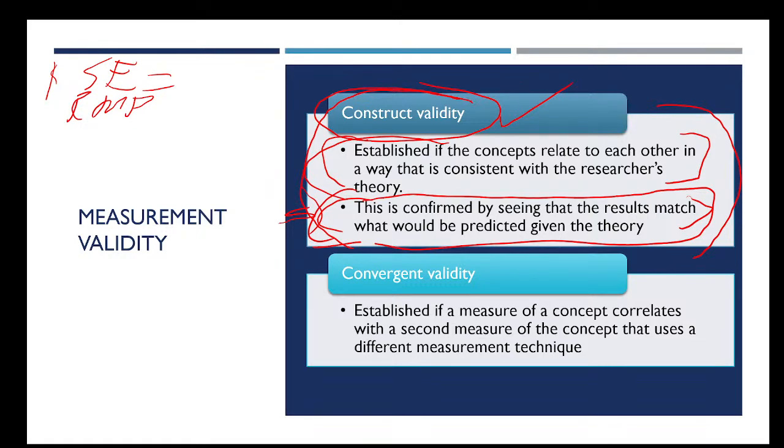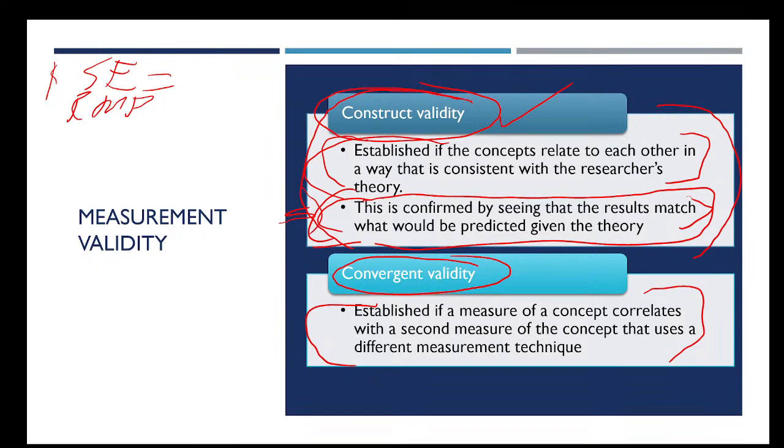All right, and the last one, convergent validity, is established if the measure of a concept correlates with a second measure of that concept that uses a different measurement technique, right? Okay, so this one is a little bit harder in the sense that figuring this out and actually implementing this is going to be difficult.